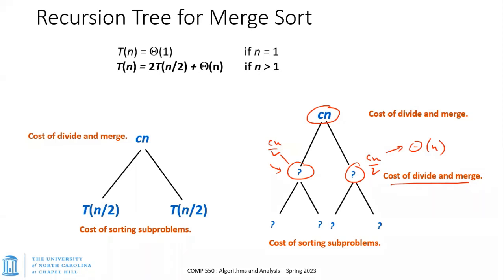Essentially we're dividing it up into two smaller problems, and that part is not being captured in the theta. So this is not going to lead us anywhere. What about the last part? At the bottom, do we know what that is? That's the cost of sorting the subproblem. If you take a look at any one of them, what is it going to be?